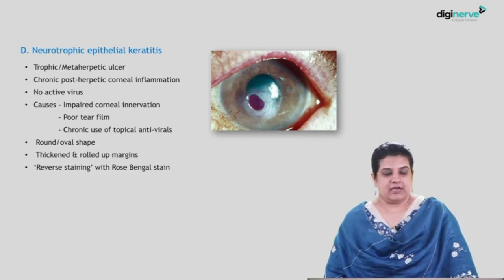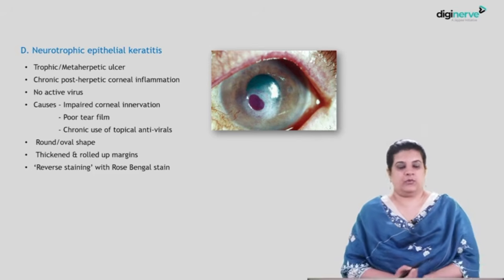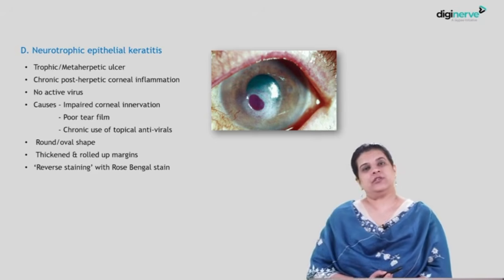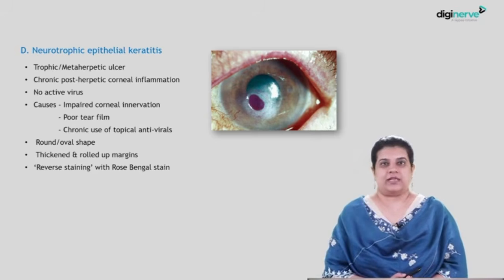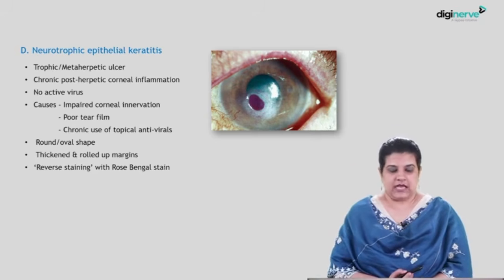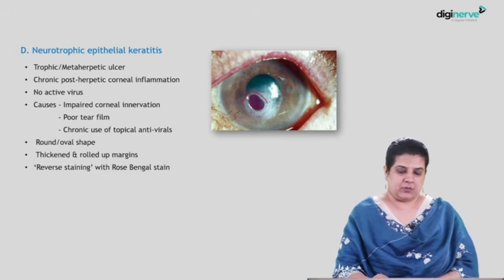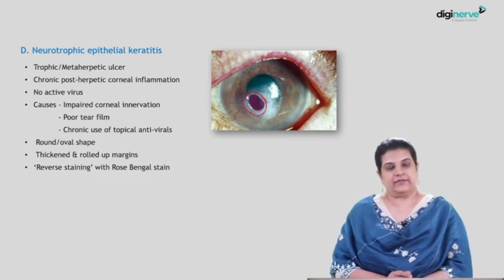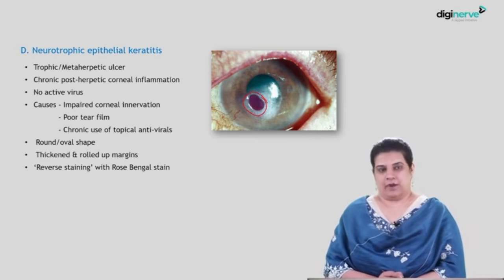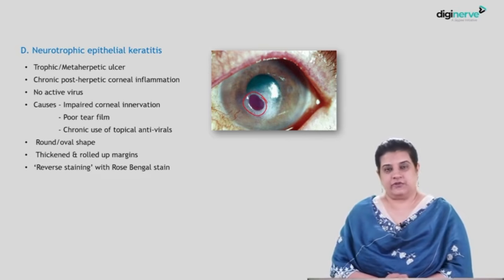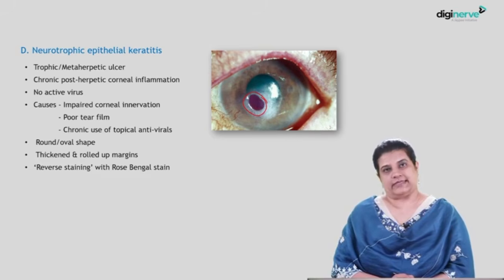The causes can be impaired corneal innervation, poor tear film, or if the patient has been chronically using topical antiviral therapy. This ulcer is usually round or oval in shape, as we can see here, and it has thickened and rolled up margins. It takes up reverse staining with rose bengal stain.